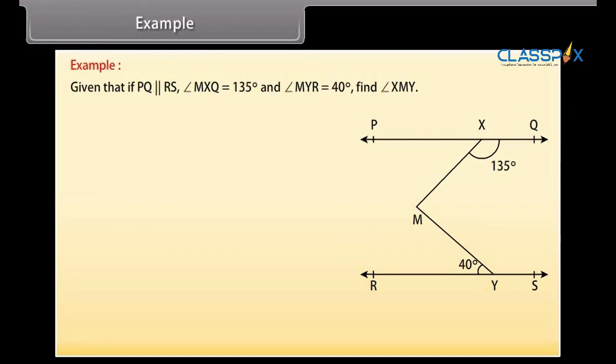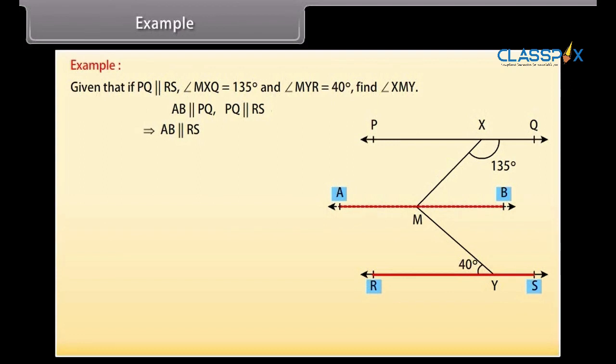For solution, we need to draw a line AB parallel to line PQ through point M. Now AB is parallel to PQ and PQ is parallel to RS. Therefore, AB is parallel to RS because two lines parallel to the same line are parallel to each other. Now, angle QXM plus angle XMB is equal to 180 degree.